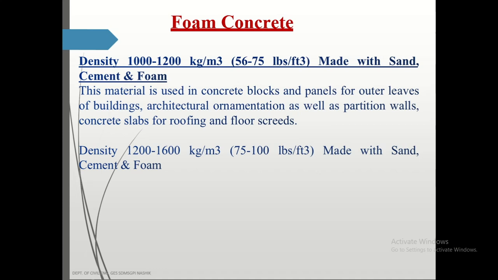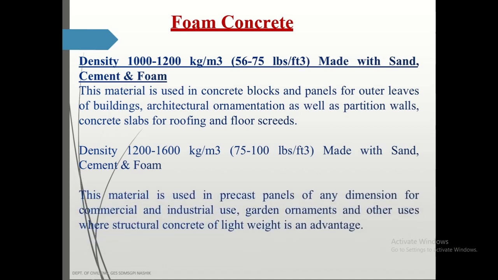And if density is between 1200 to 1600, made with cement, sand, and foam, this is used as a precast panel for any dimension, for any commercial and industrial use. Even we can use it as garden ornaments and other uses where structural concrete of lightweight is an advantage.